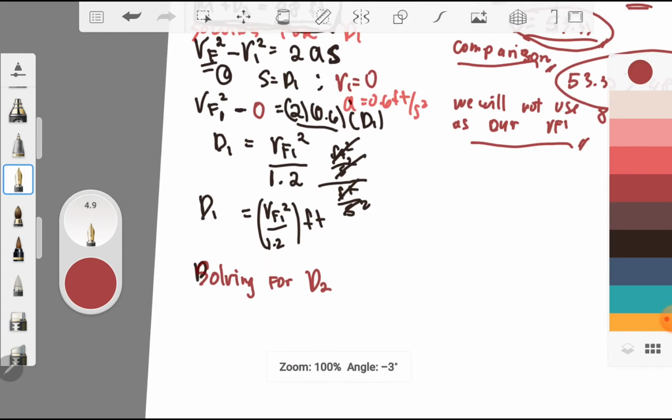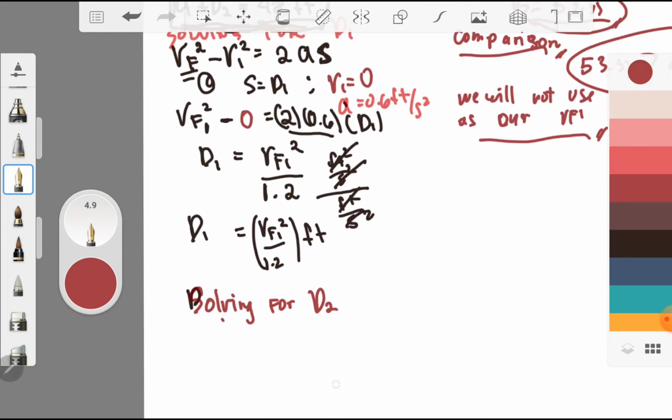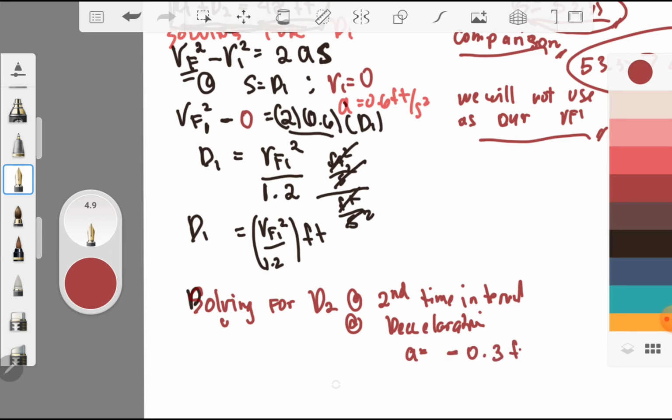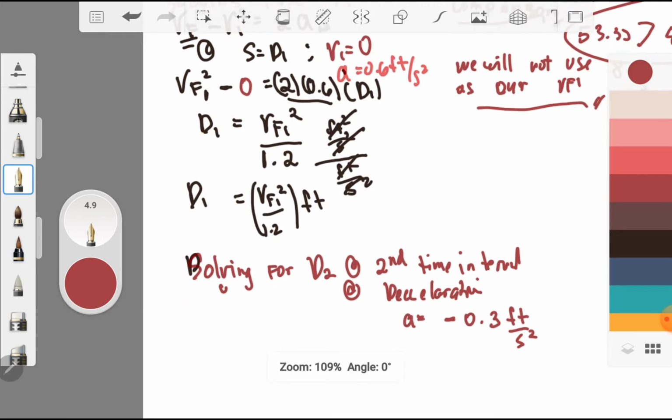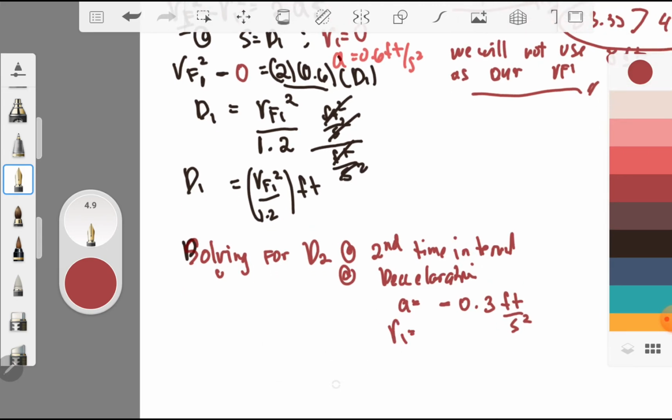So, letting solving for D2 at second time interval, yung magde-decelerate na siya, at deceleration, wherein our acceleration is equal to negative 0.3 feet per second squared, and our VI will be equal to our VF1, which is also unknown, and our VF will be equal to VF2, or your final velocity 2 is equal to 0 because of the word rest.